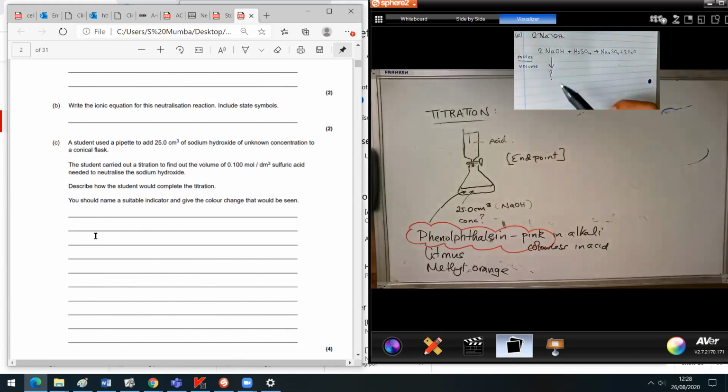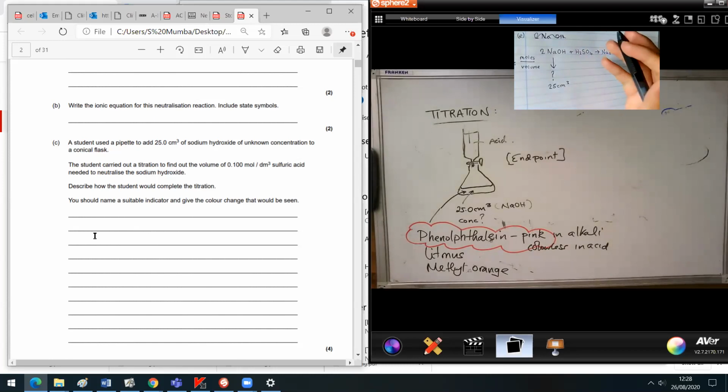You need to find the moles and you need to find the volume. Do you know the volume of sodium hydroxide that's been used? 25 centimeters cubed. So we're going to write that down. 25 centimeter cubed.